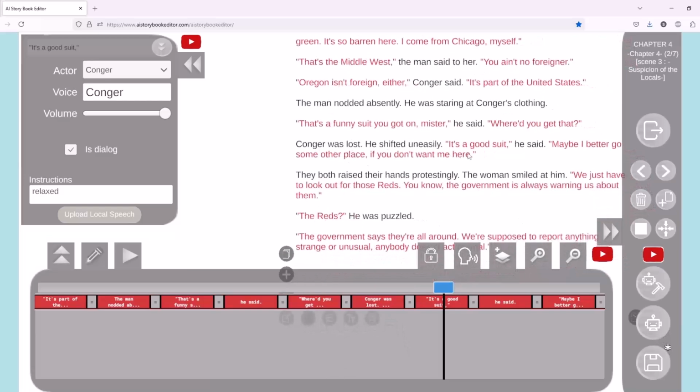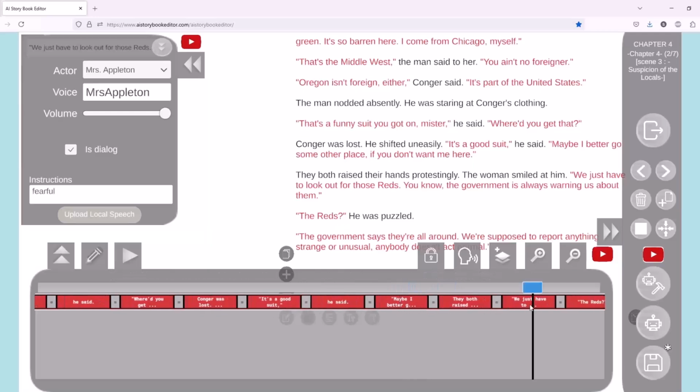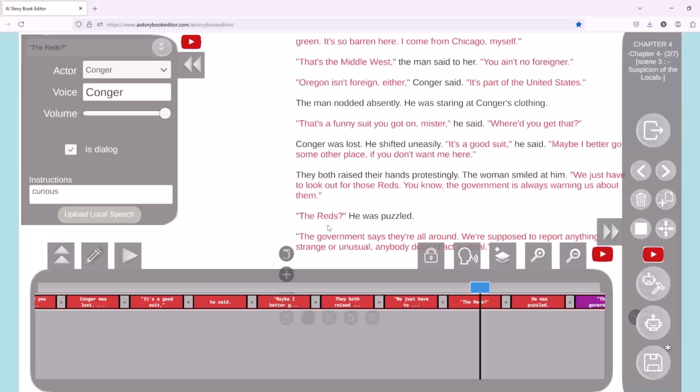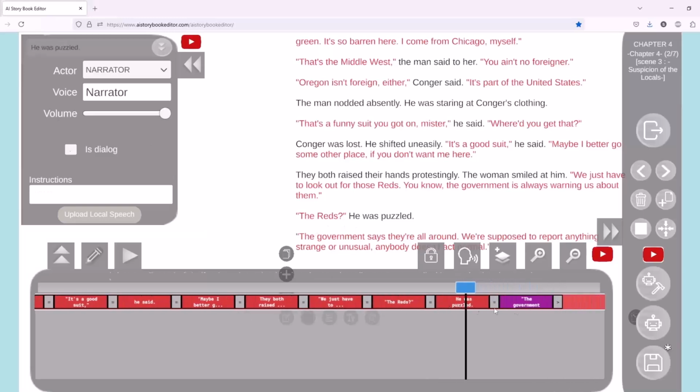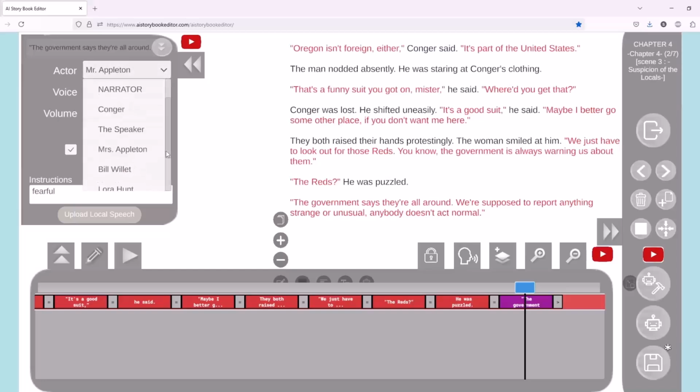Conger was lost. It's a good suit. Conger, maybe I call the woman smile at him. So Mrs. Appleton. Conger. Okay, I suppose that this can be Mrs. Appleton.